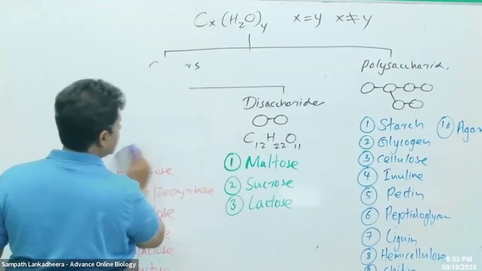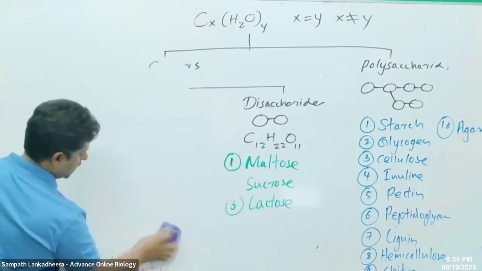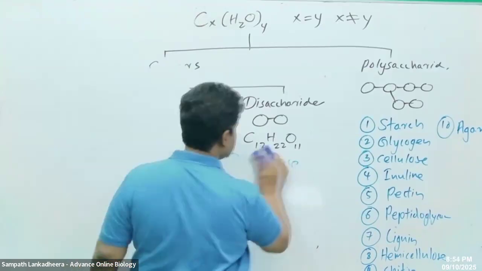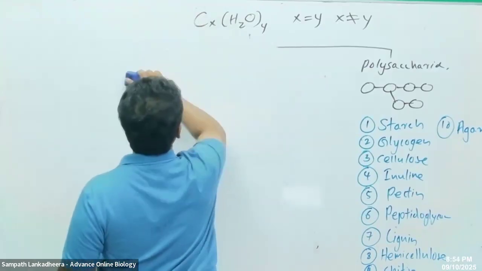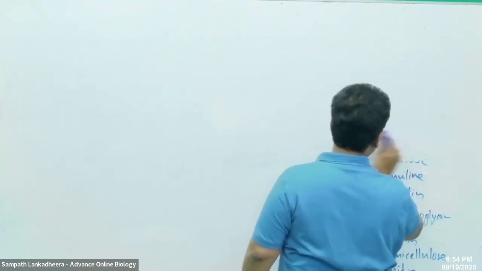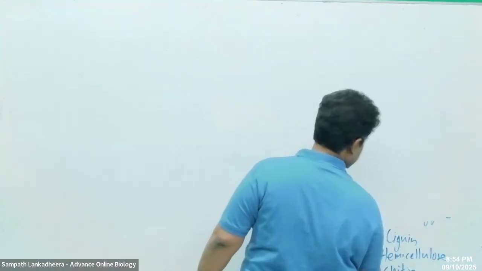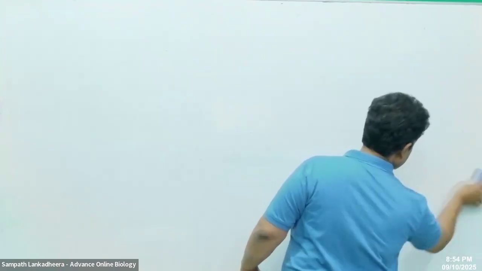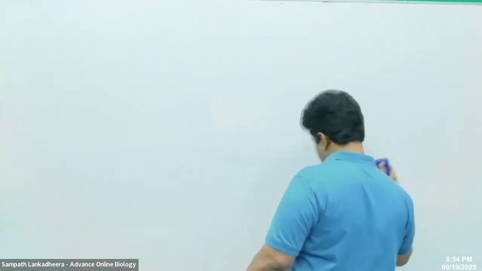Let's focus on monosaccharides. So 3 carbon, 4 carbon, 5 carbon, depending on the carbon number, we can classify them.